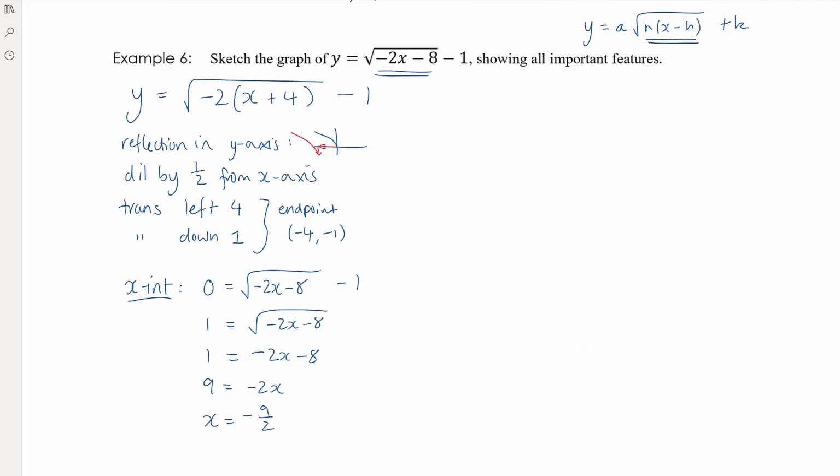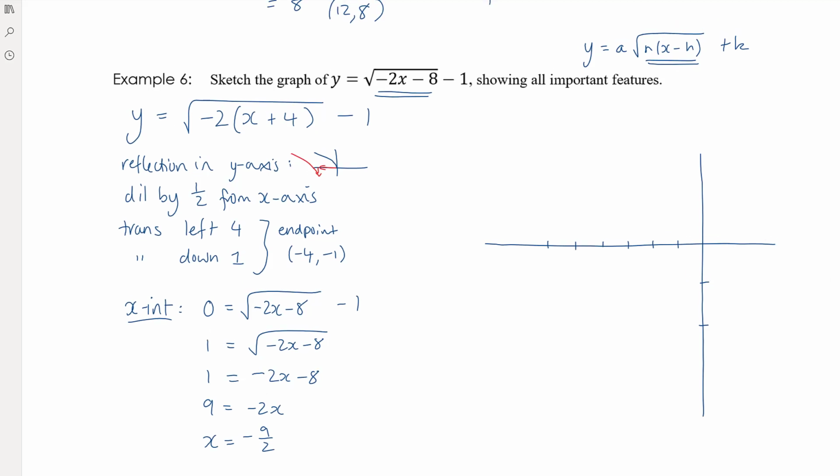Okay, so again, let's think about drawing in our graph. Okay, so we've got 1, 2, 3, 4, 5. Okay, negative 1. Might just make that slightly bigger actually, just to give us a bit of a graph. So negative 4, negative 1 is my endpoint.